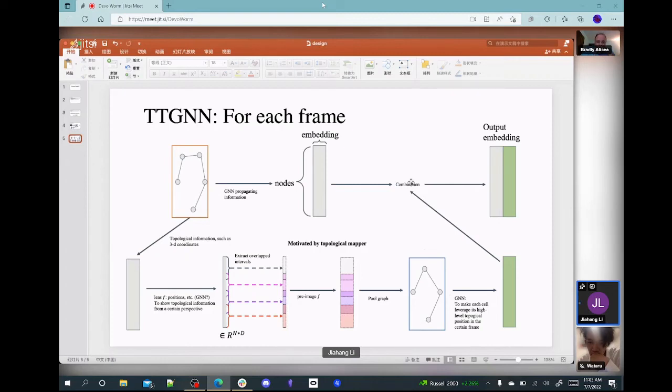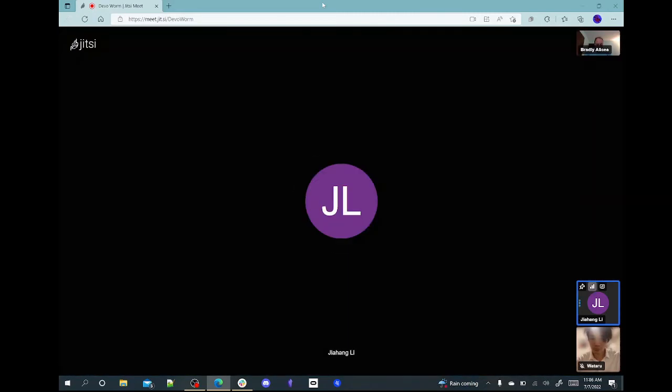Maybe it is concatenation, or maybe we just sum the two embeddings. We can try. We can do some experiments to show which is better, and after that we will have an output embedding. We find that in this output embedding we have the information of the original point clouds, the original network, and we also have the information of the network after the mapper processing.